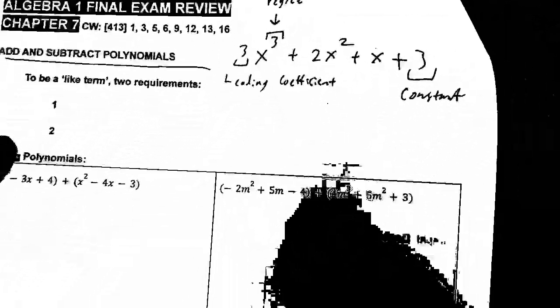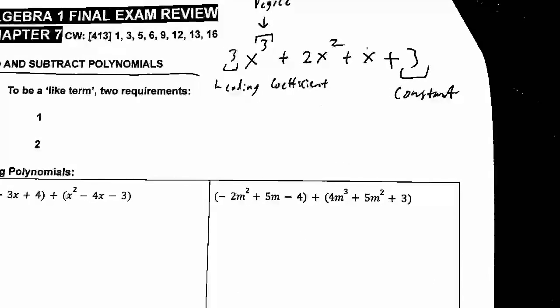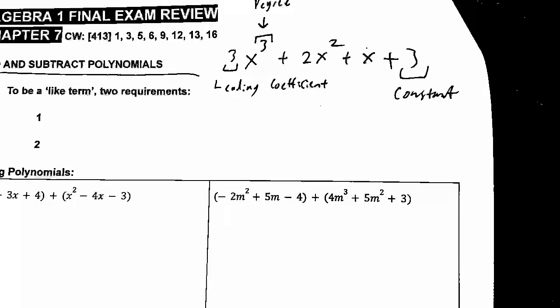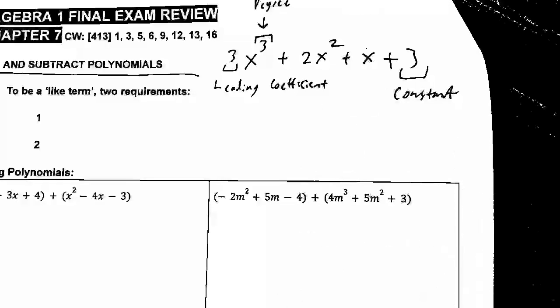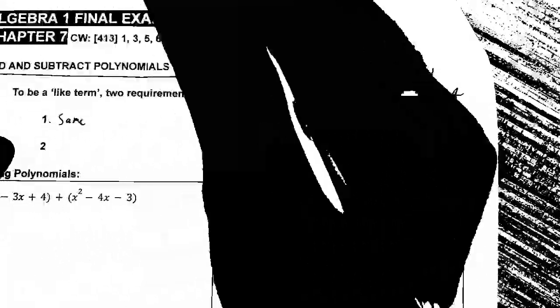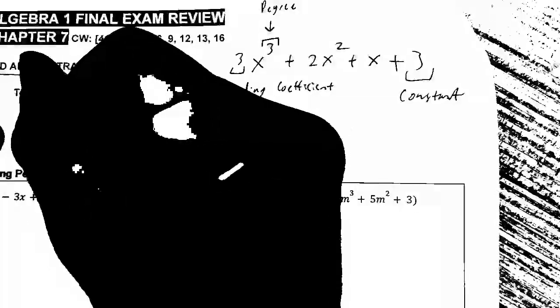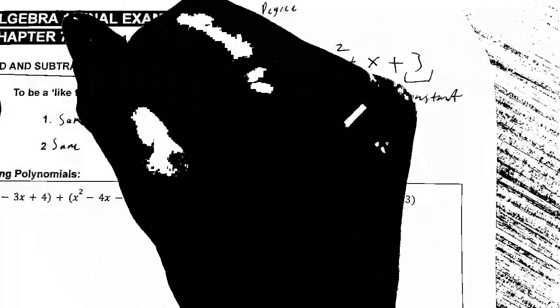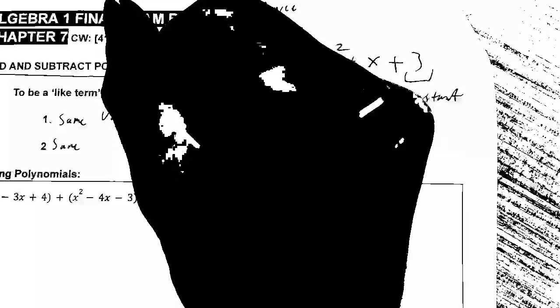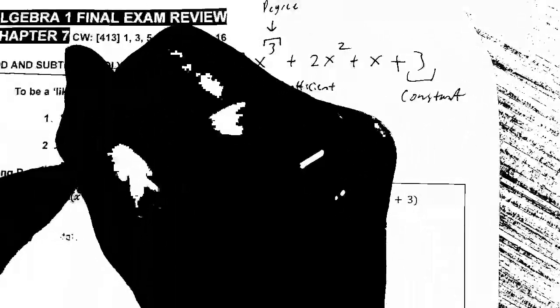So to combine like terms, what has to be true? They have to have the same, not denominators, not leading coefficient, but the same variables, right? Same variables, and then they have to have the same powers.